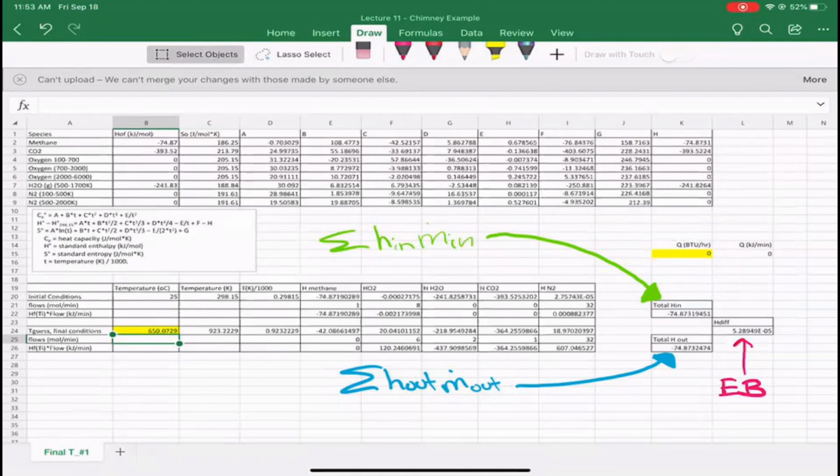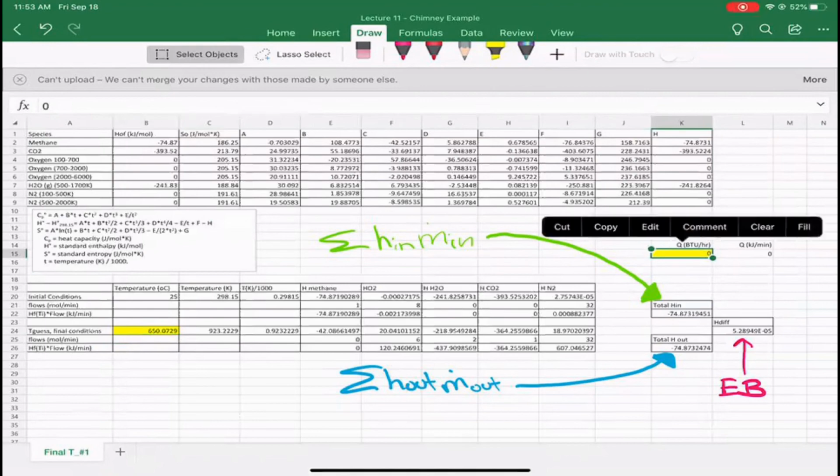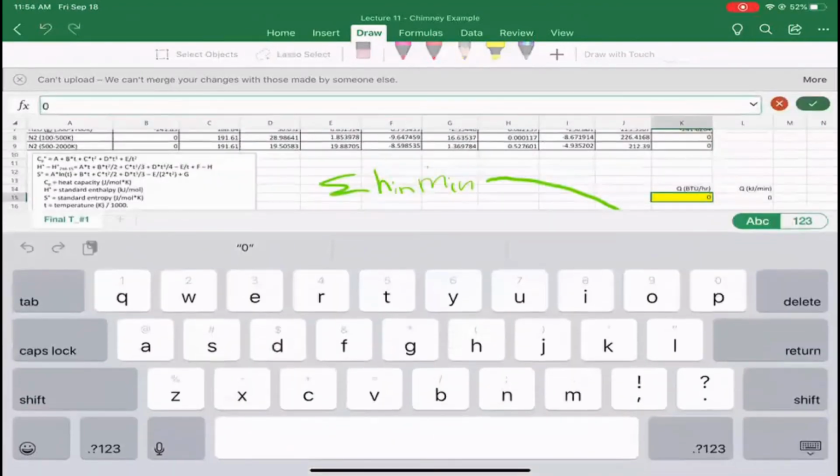You also could do other interesting things in a problem like this. Like we could erase the assumption that you're operating adiabatically. So what if we said, well, if you were running a real fireplace at this flow rate, I calculated it's about a 50,000 BTU per hour fireplace, which you can actually buy.